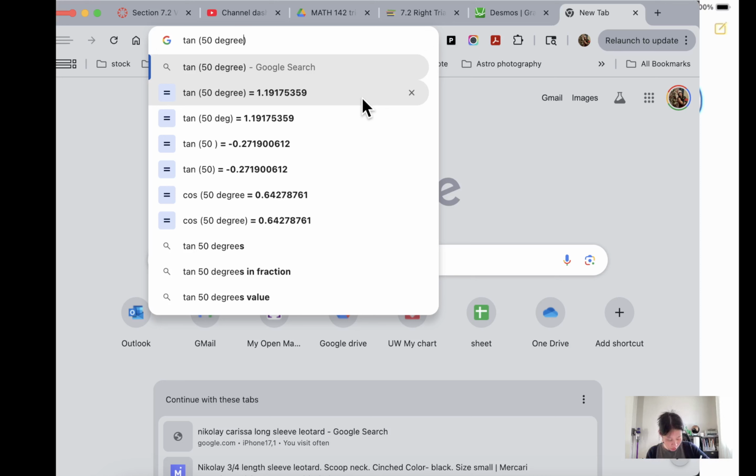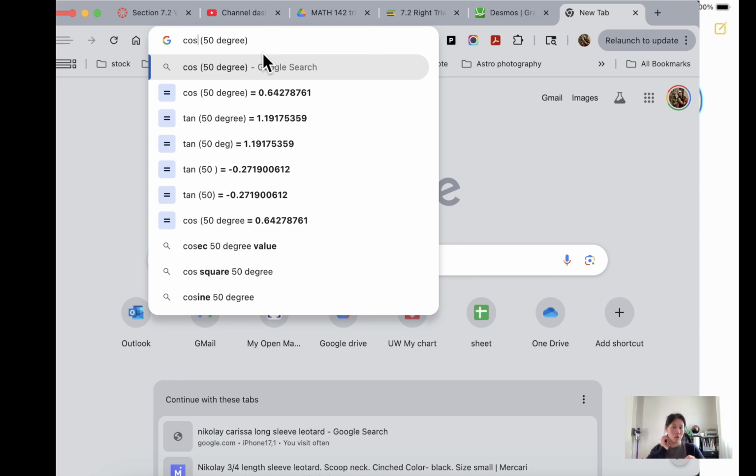Okay, so here I have tangent 15 degrees is equal to 1.197, and cosine 15 degrees is equal to 0.64278.